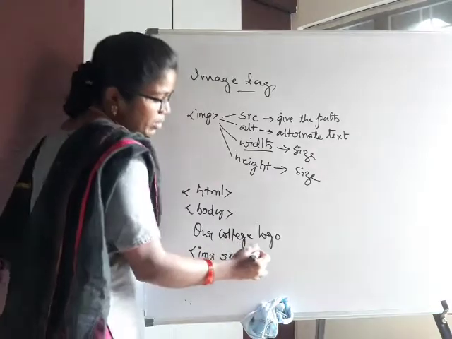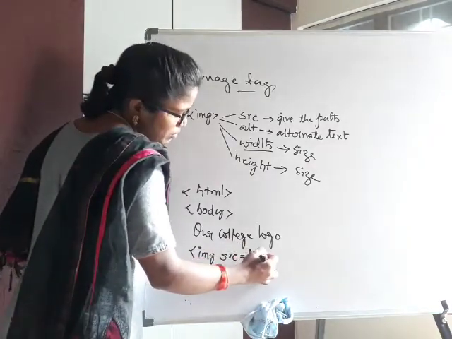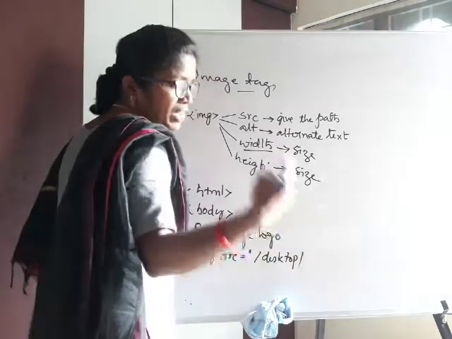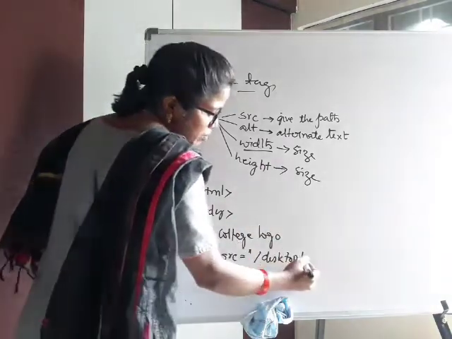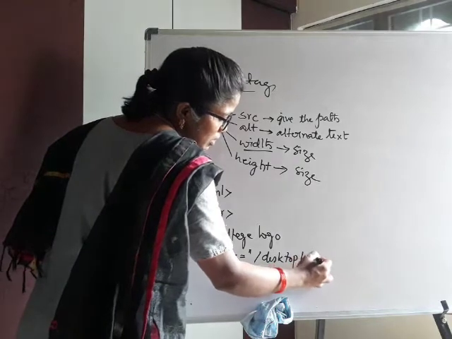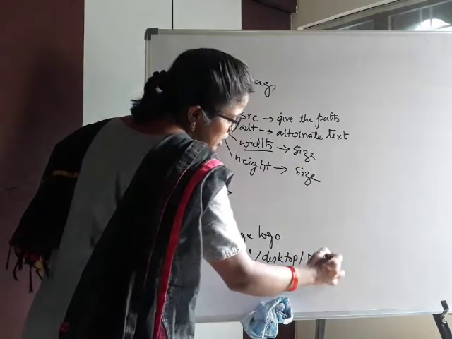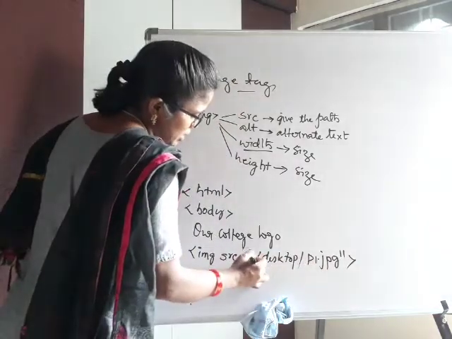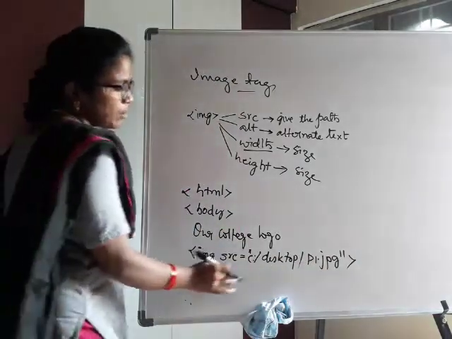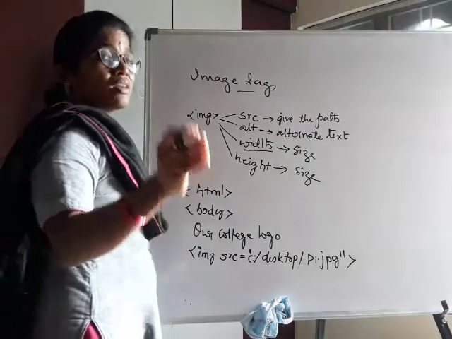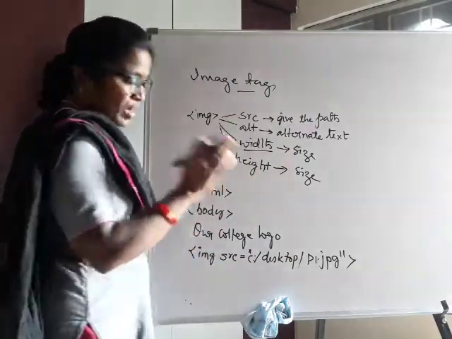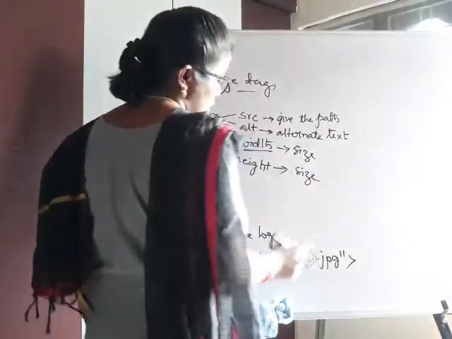Here you can write the whole path from desktop. If you have your image there, desktop colon, and suppose it is saved as p1.jpg. This is the whole path, C colon, where your image is located in your system, right? This is where you write the source.